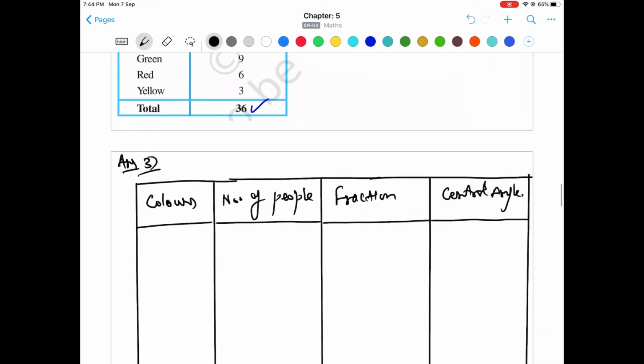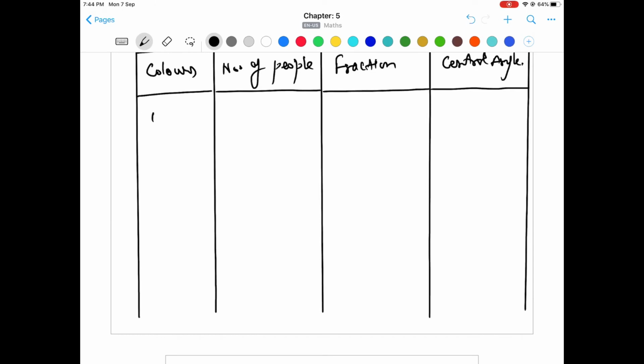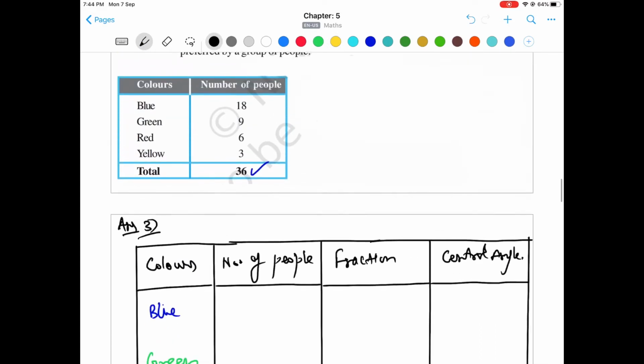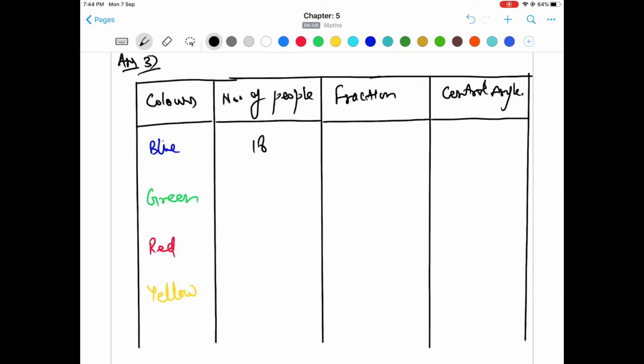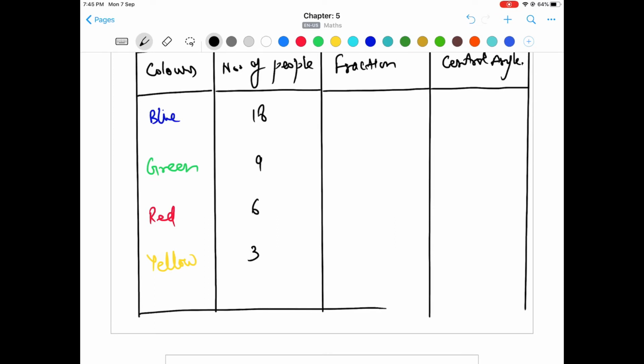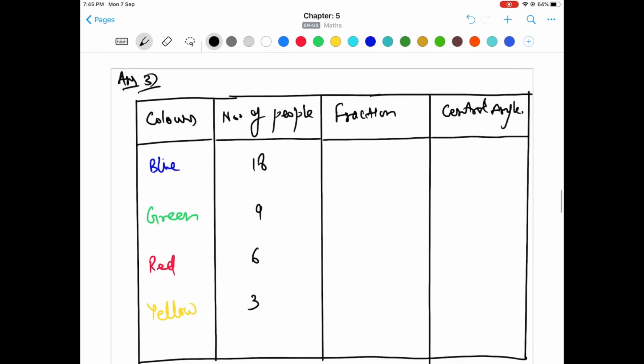So let's first write the colors. We have blue, green, red and yellow. Let's write blue with a blue pen. We have blue, then green, then red and yellow. Numbers are 18, 9, 6 and 3. Now let's find the fraction.